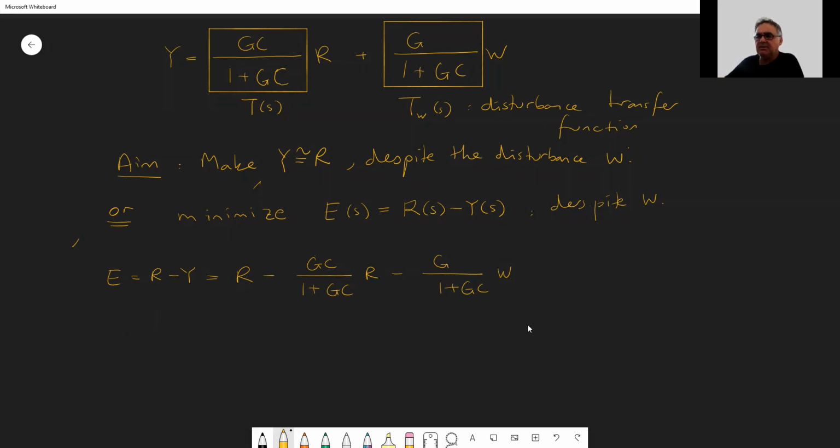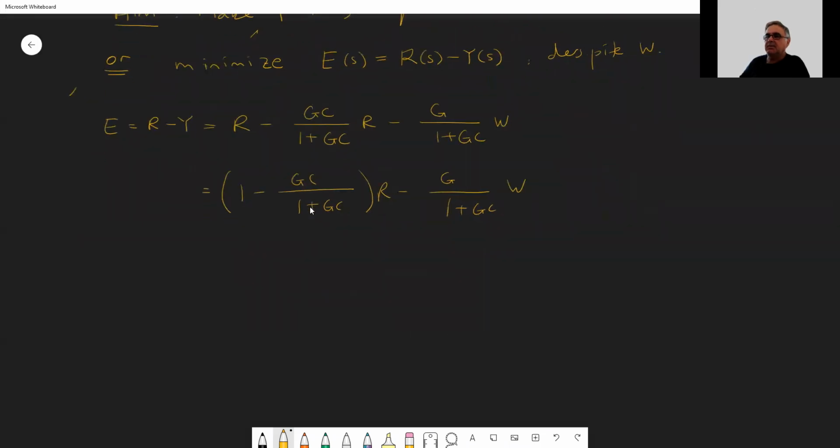This r thing, we have to collect it together. So it is 1 minus gc over 1 plus gc r minus g over 1 plus gc w. You put it together, so it becomes 1 plus gc minus gc.